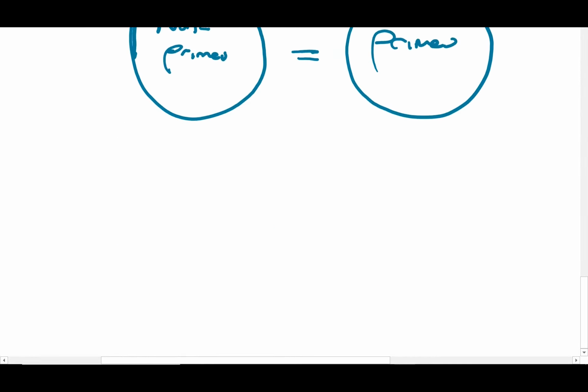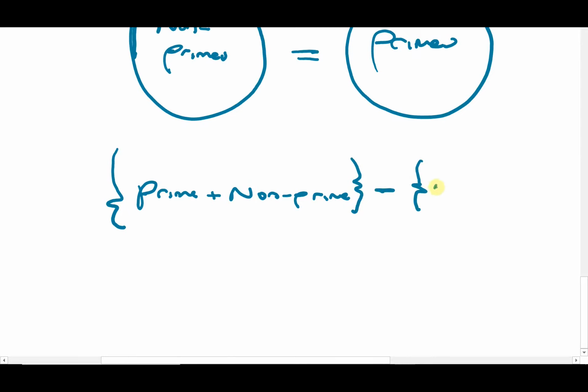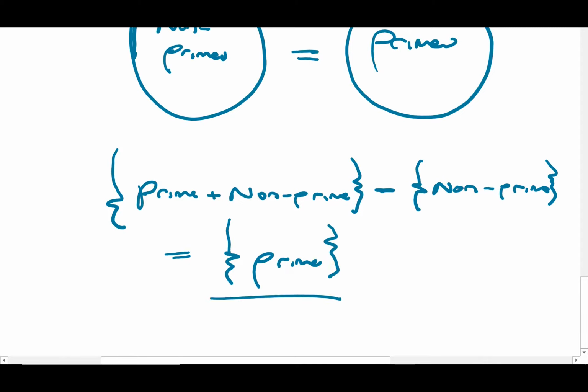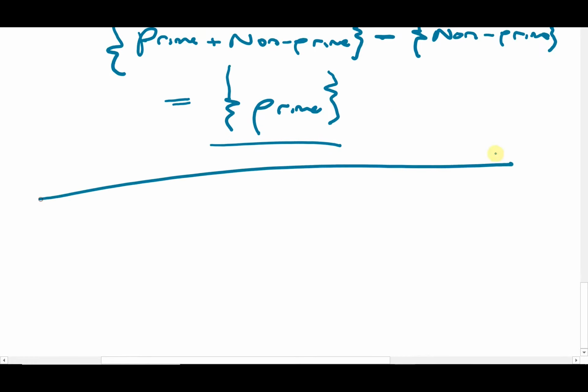So basically, if you take the set of prime plus non-prime, and you exclude the set of non-prime numbers, you end up getting the set of prime. And then somehow relating this, through exclusion, try to solve the proof, but ultimately didn't get anywhere other than the algorithm.